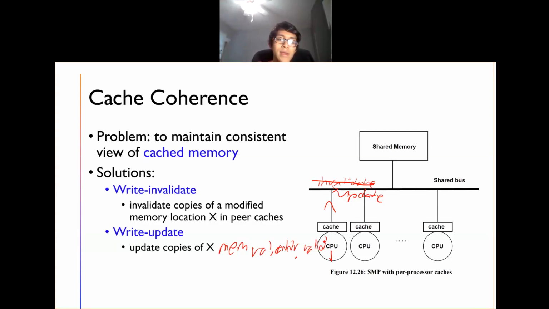When a CPU receives a signal that memory address 5000 is now invalid, all it does is change this valid bit to invalid, and that is all that happens. If in the future CPU 2 wants to use the value inside memory address 5000 and sees that the valid bit is invalid, then it has to go all the way to shared memory and update its cache.